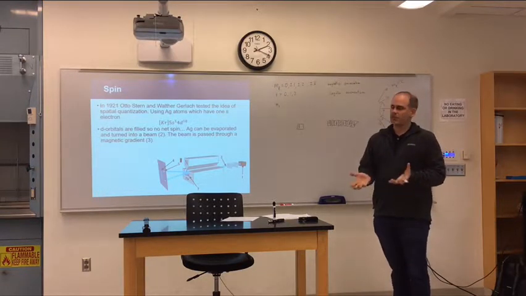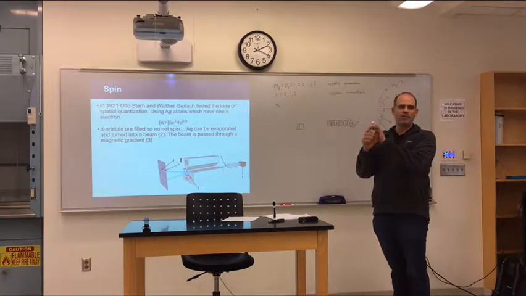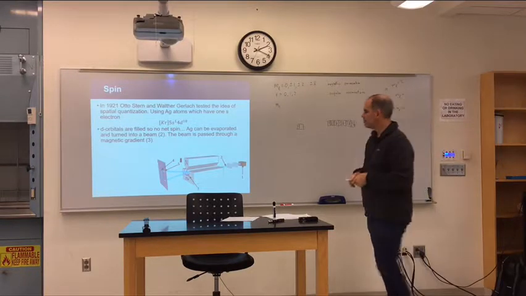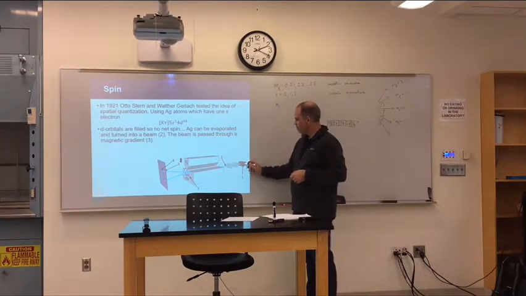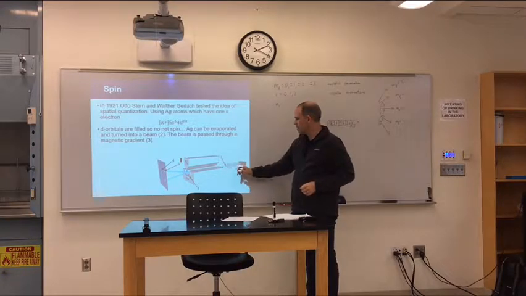So you heat it up, silver evaporates, and then you confine it to a beam. This part one is where you have your silver being evaporated, pushed out in a beam, with a couple of pinholes to confine the beam to a nice narrow stream. That's what's occurring here.